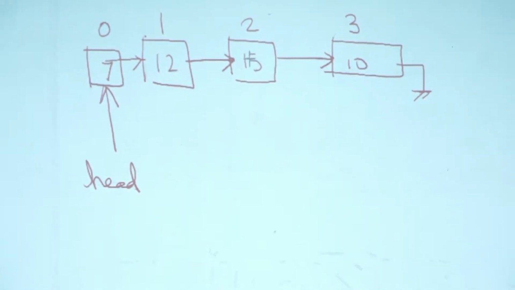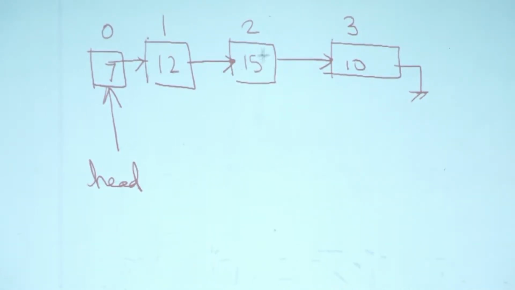Let's say I want to insert, tentatively, at the second position. That means I want to insert 9 here, something like this, instead of this. So we want to create a node in between at the second position.